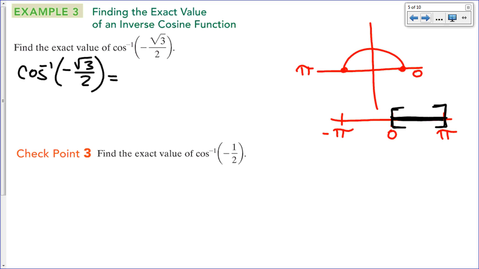So I know that it's not the one that goes there, right? Because that would be 45 degrees or pi over 4. And what is the cosine there? Square root 2 over 2, except negative. Would it be to the left or to the right of that line? To the left. Well, think of this. We're talking about the x. We're talking about cosine. So yes, it is going to be right there.